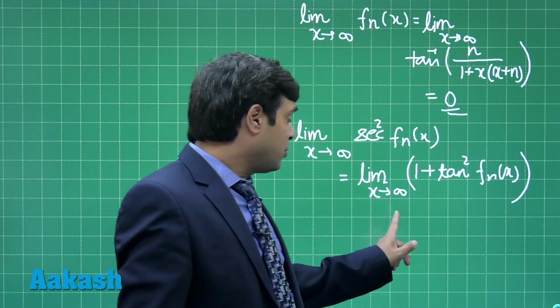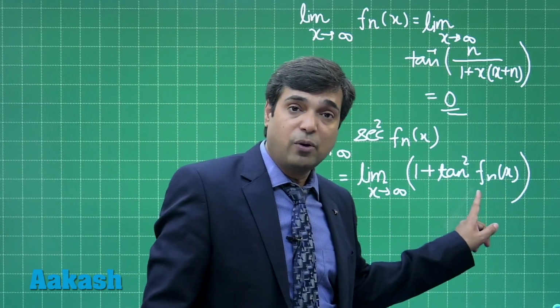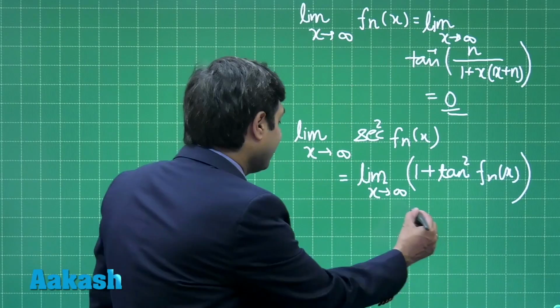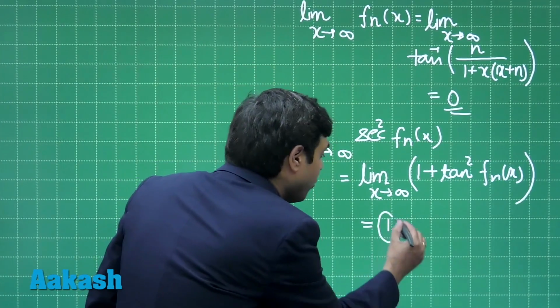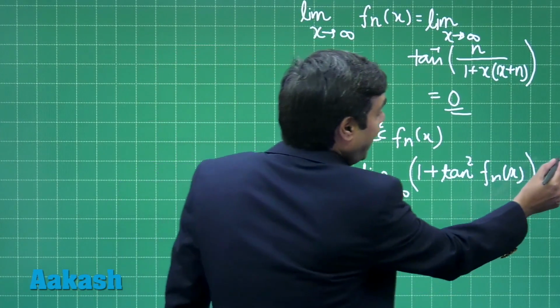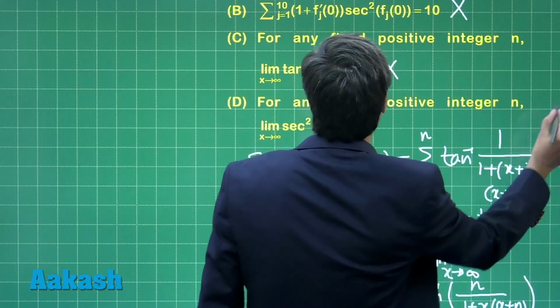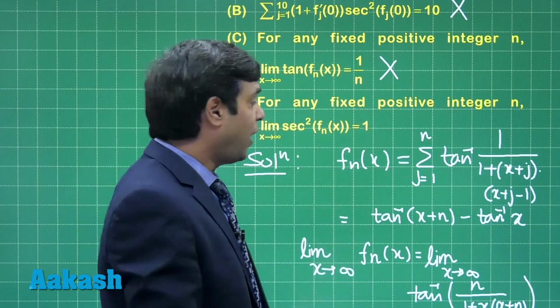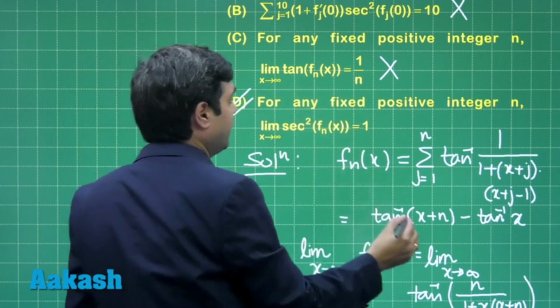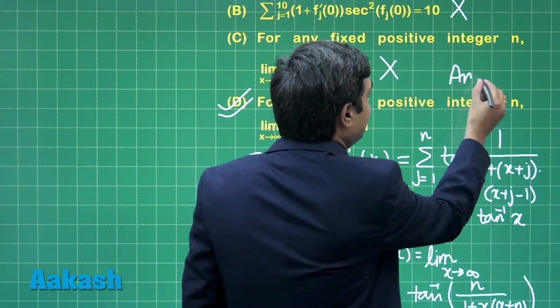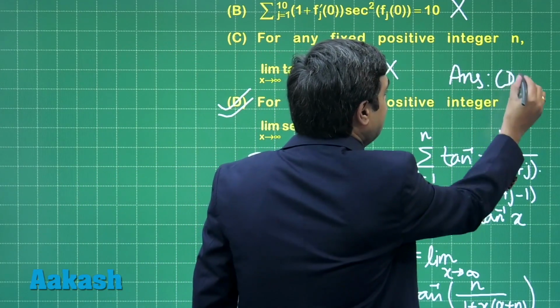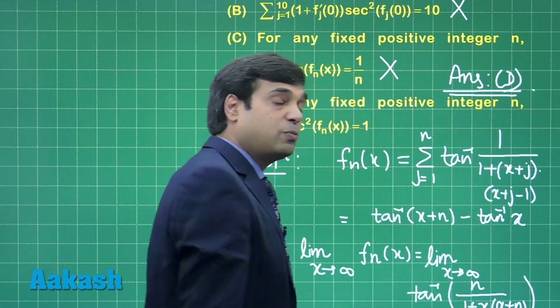When limit x approaching to infinity tan fn(x) we talked about, it was 0. So clearly this entire limit is approaching to 1, meaning that option D, which also says the same thing, equal to 1, is the correct option. So the correct answer for this question is option D only. So this point is clear.